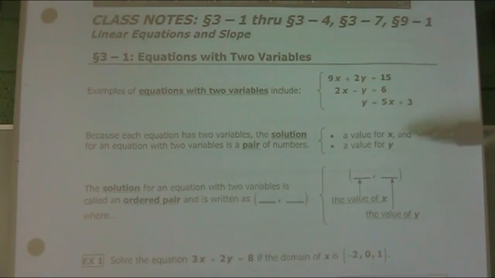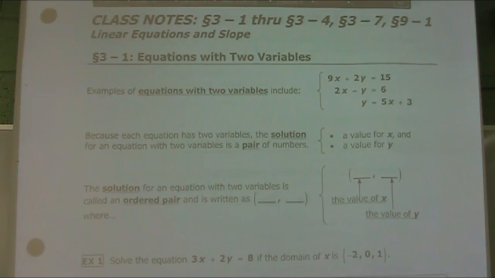We are going to get an answer for x and an answer for y that goes with the answer for x. So it's going to have two parts to it. So the solution for an equation with two variables is a pair of numbers, a certain x value with a certain y value.